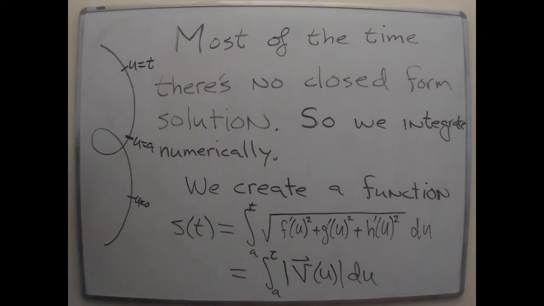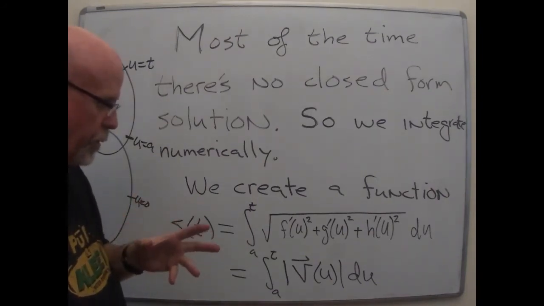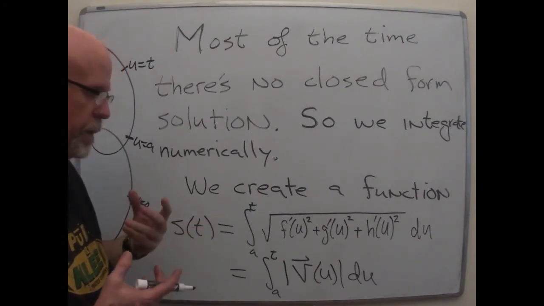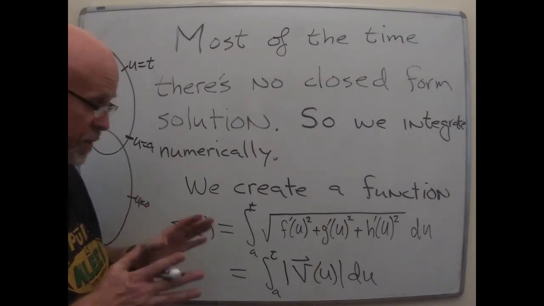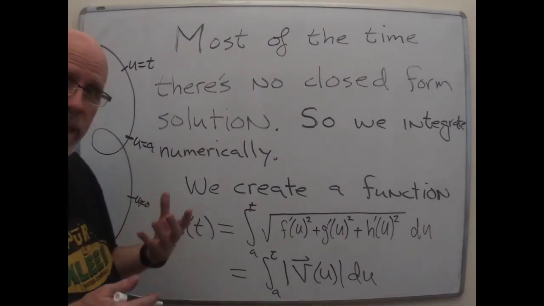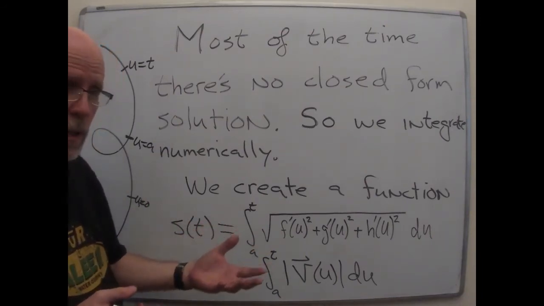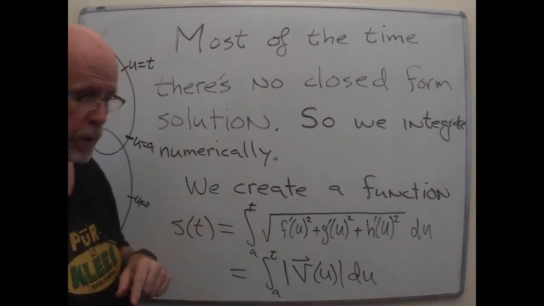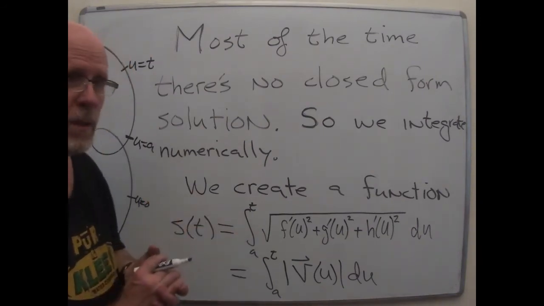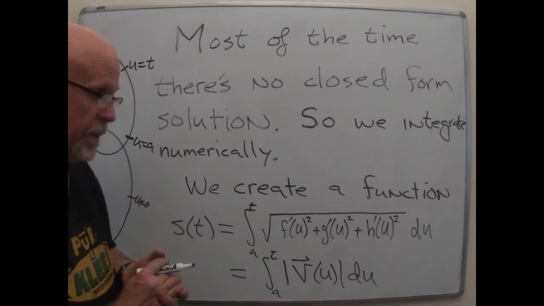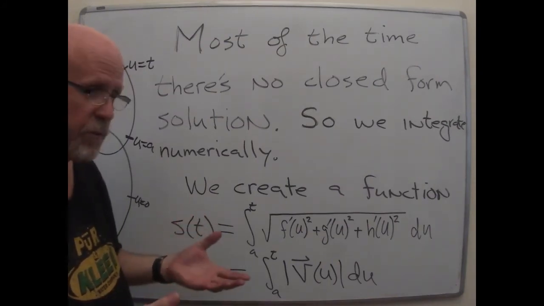There's an approach to calculus which I rather like. It says the following: if you want to calculate any particular thing, if you want to calculate work, figure out what differential work is, and then integrate. If you want to calculate energy, determine what differential energy is.